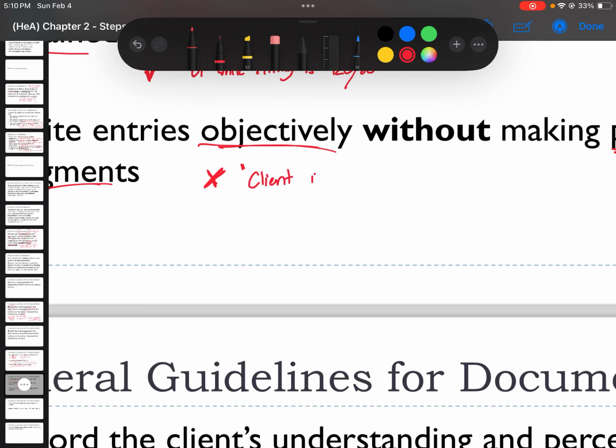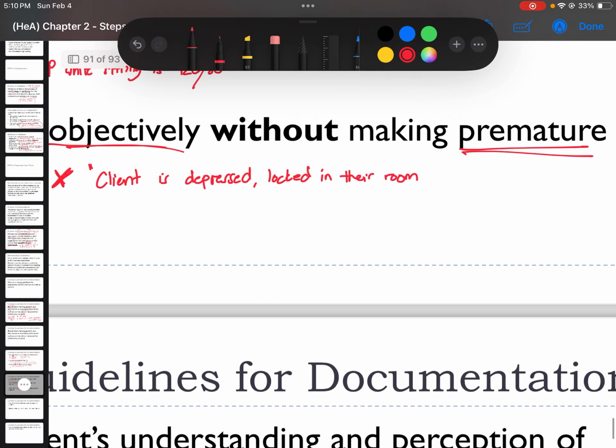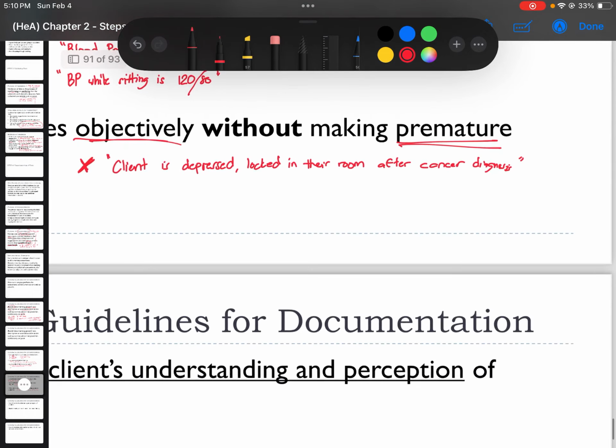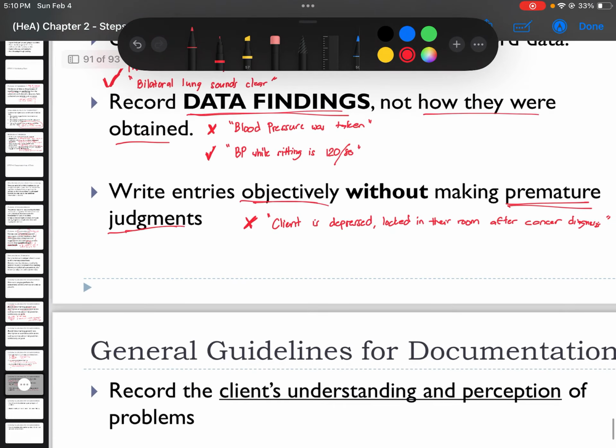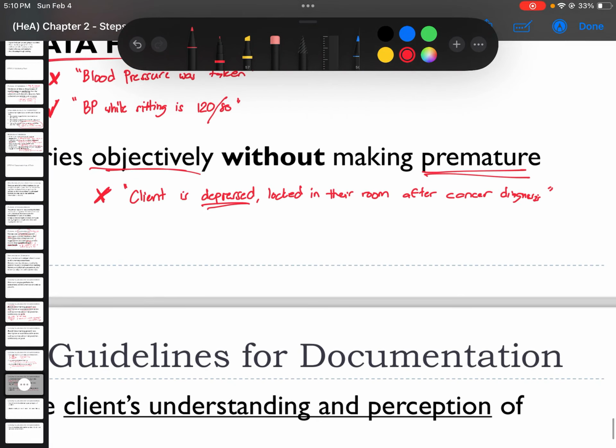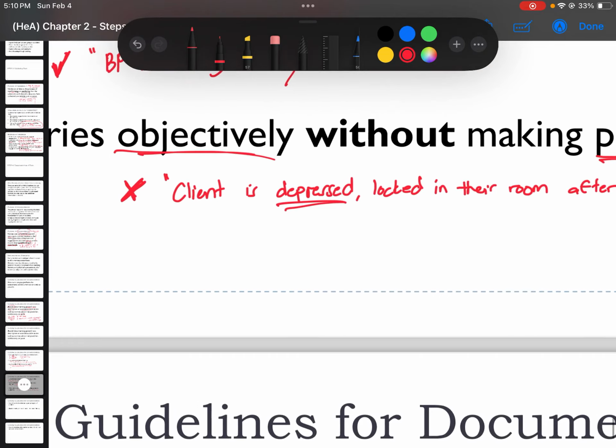Client is depressed, locked in their room after cancer diagnosis. Sir, how is this a premature judgment? Now, class, can you really say that they are depressed? Have you done the assessment for depression? No. Okay, that is just a premature judgment.